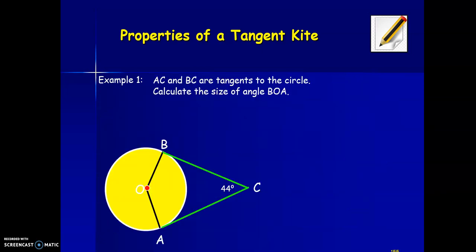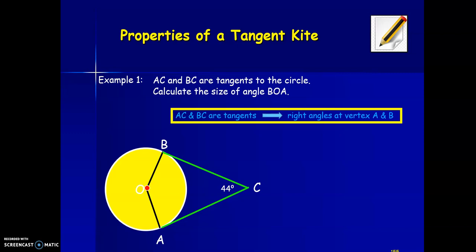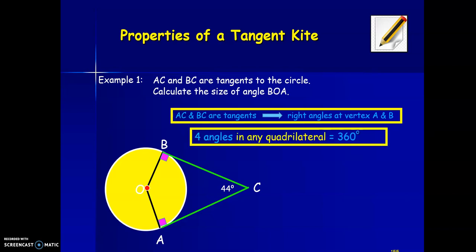So here's an example. AC and BC are tangents to the circle. Calculate the size of angle BOA. Straight away, if we're told we have tangents, then we can fill in the right angles at the vertices A and B. We're going to use the property that four angles in any quadrilateral equal 360 degrees.